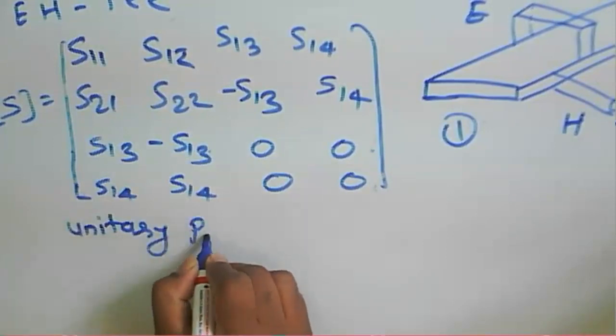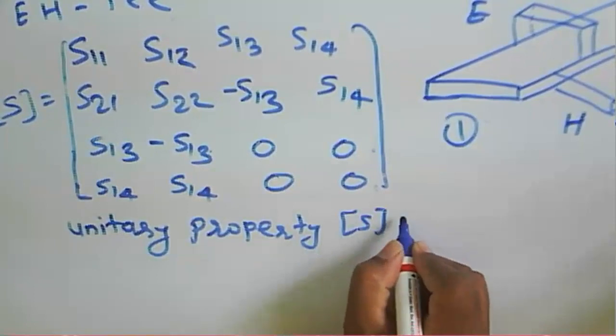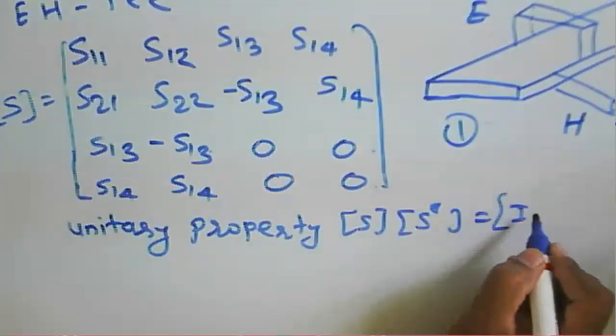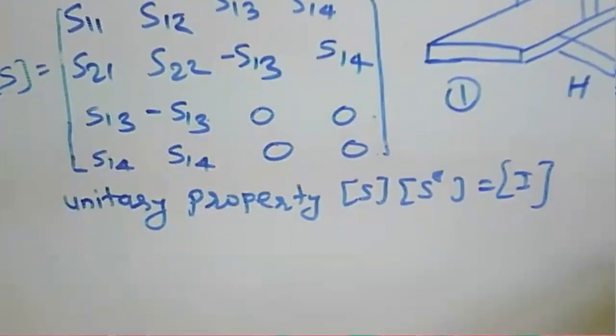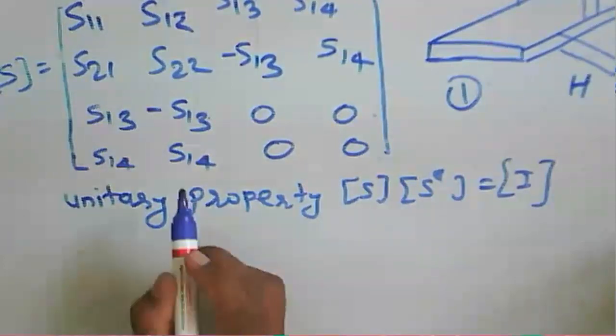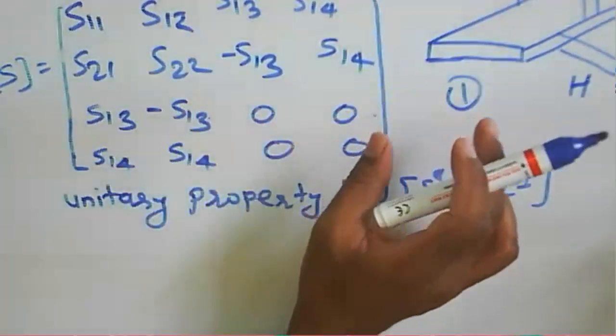What is the unitary property? We say that matrix S and the complex conjugate of matrix S is equal to the identity matrix, or you can say 1. So that is the unitary property. This matrix times the complex conjugate of this matrix is equal to 1 here.